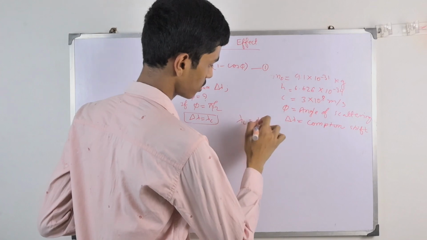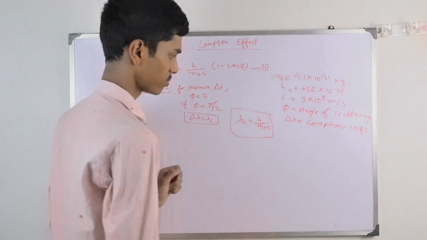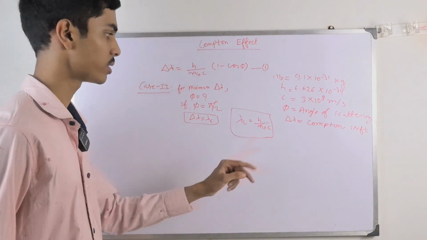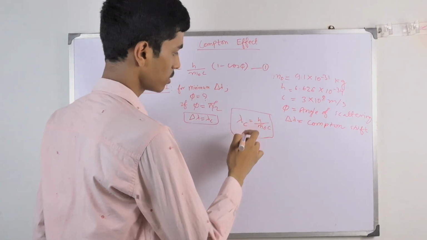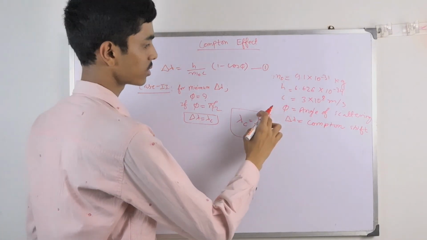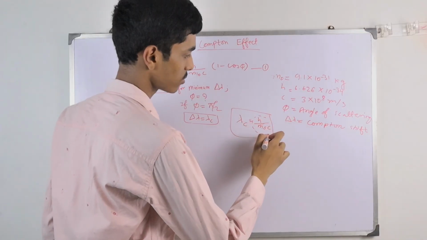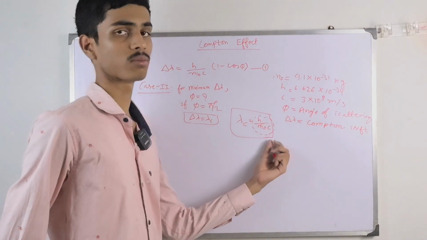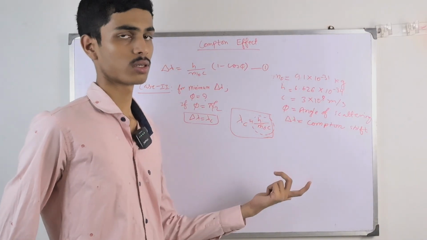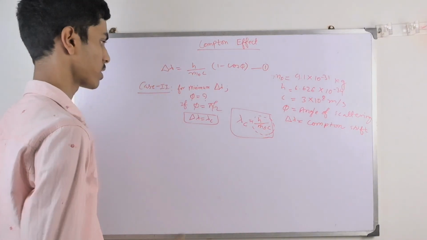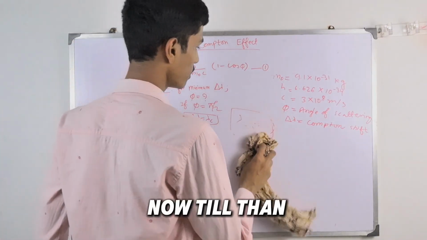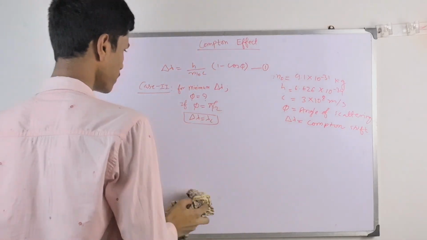Lambda c is h by m naught c, and I will explain this later, how it comes in this structure: h by some mass into some c, where c is some velocity. Till then, just be with me.